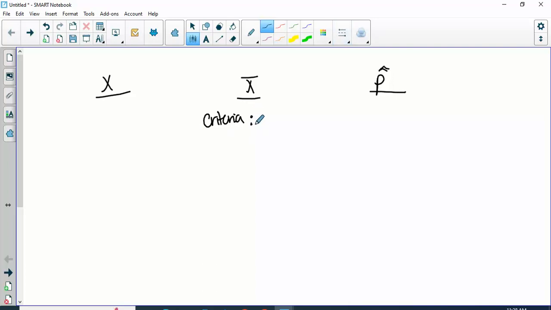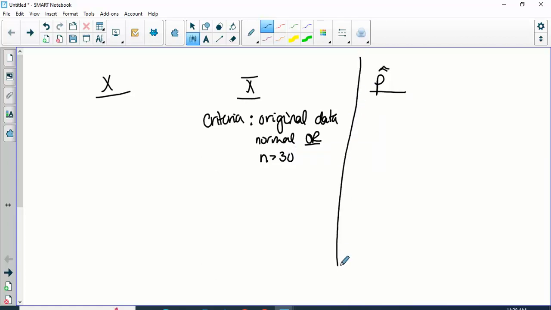Right. Either the original data has to be normal, or n is greater than 30. Okay, so when I ask you to check your criteria, I'm expecting you to say, oh, the original data was normal, we're good. Or, oh, sample is bigger than 30, we're good.